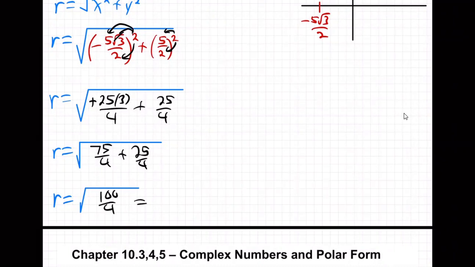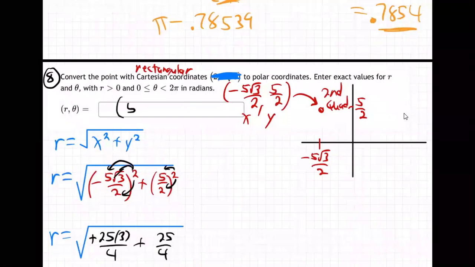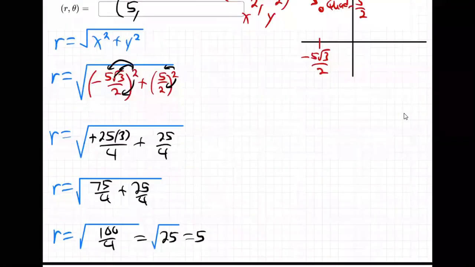Which is the square root of 25, which is just 5. So there we get our r. Our r value, put it up here, is 5, comma. Now we just need the angle. So how do we find the angle?